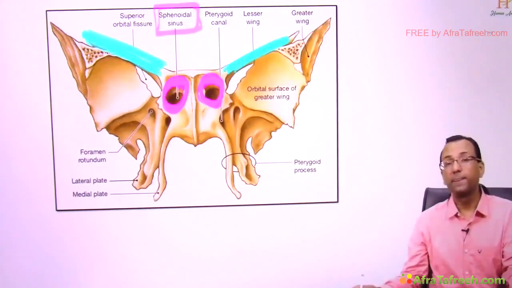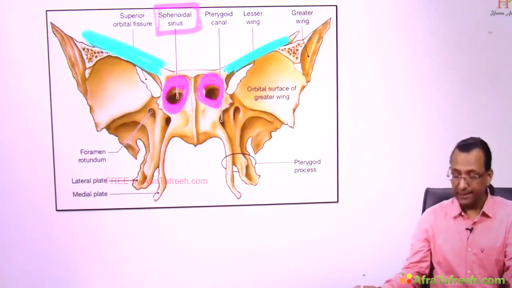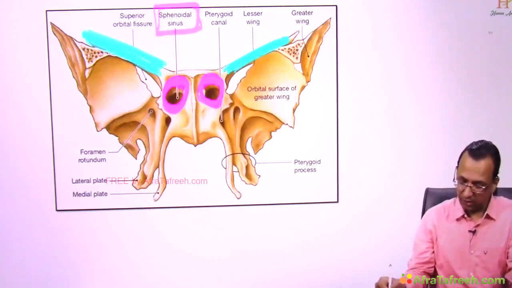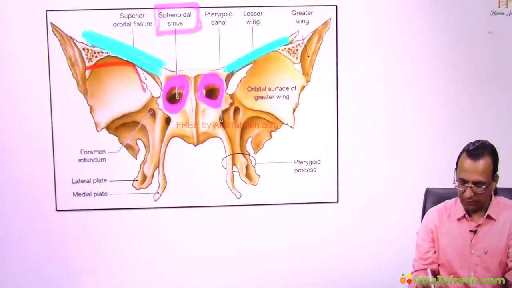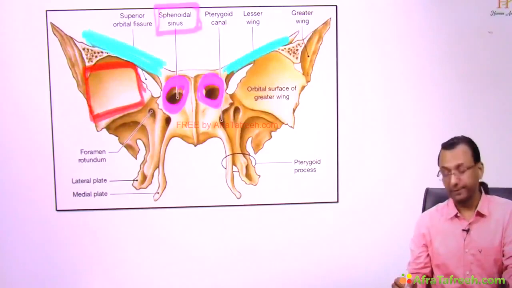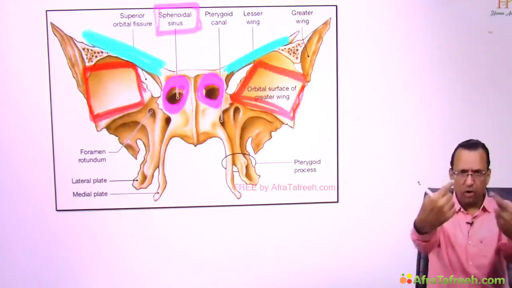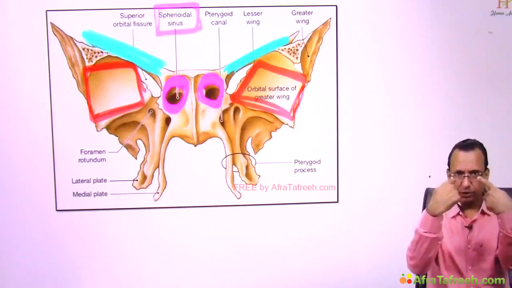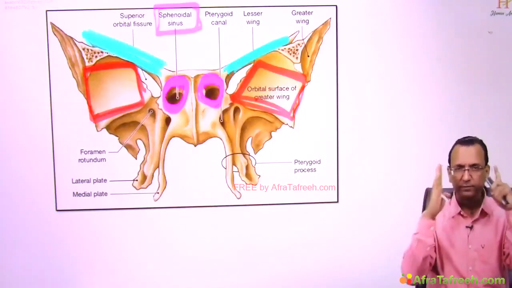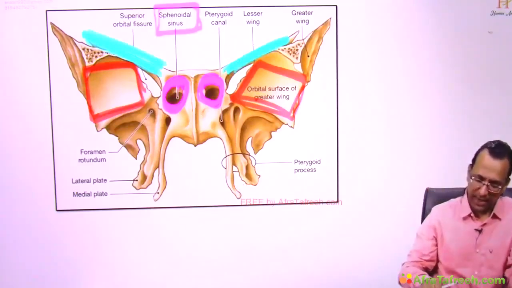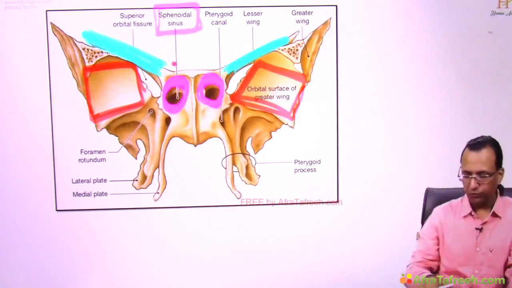Now remember the greater wing of sphenoid. The greater wing of sphenoid will form the lateral wall of the orbit. And between the lateral wall of the orbit and the roof is the superior orbital fissure.